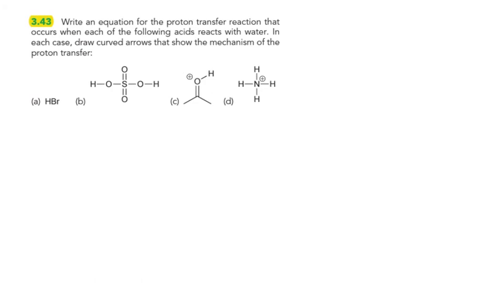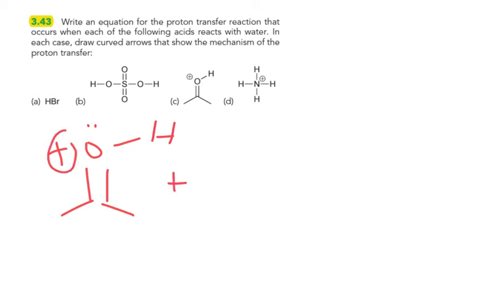In this question, it says write an equation for the proton transfer. So let's just take one of the acids. We'll take C. So this acid, right, oxygen has a positive charge. And then if I treat that with a base, let's just say hydroxide, that's negative, right?